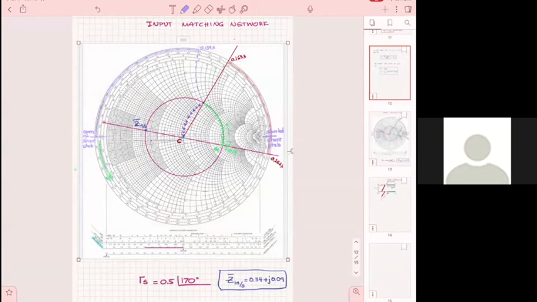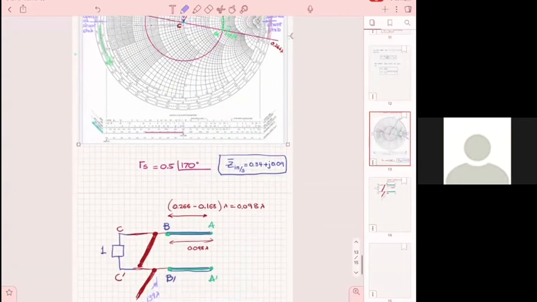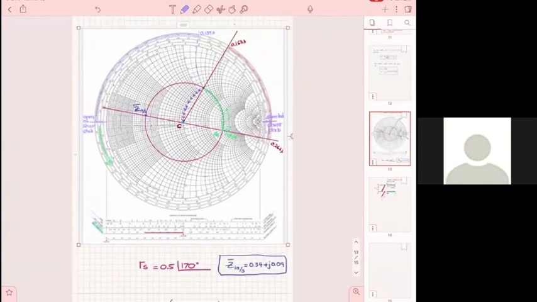Is that the load or the source? 1 is the load. So at the center of the Smith chart is your load. So as you walk towards the center of the Smith chart, which direction do you go? Load. Okay, that's it. You answered the question.